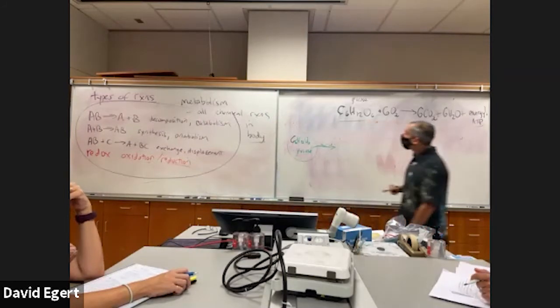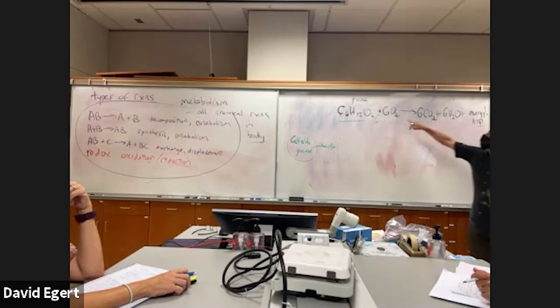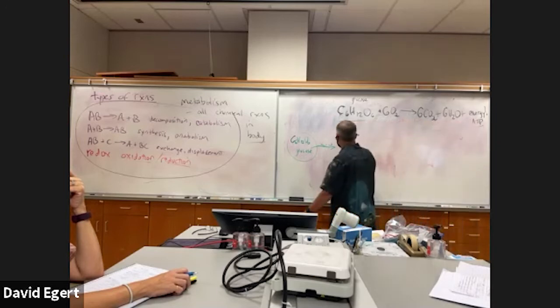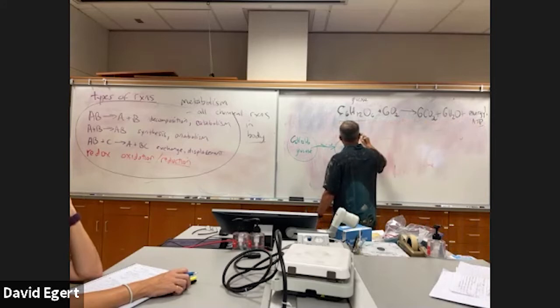The first step is not combining with oxygen, and does not have anything to do with carbon dioxide or H2O. It's actually using a kinase to phosphorylate the glucose. So the first step is going to be making glucose with a little phosphate hanging off it.